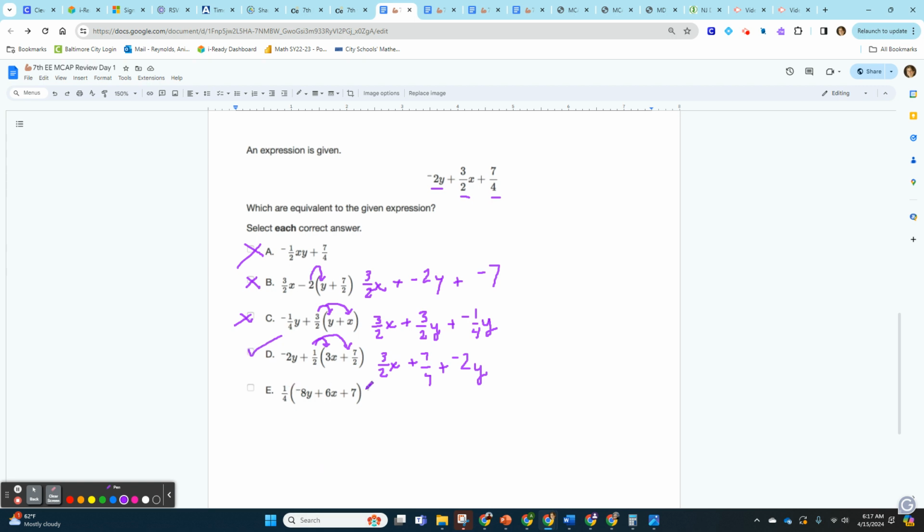Last one, we're distributing the quarter the whole way through. So -8 divided by 4 is -2y. 6 divided by 4 simplifies to 3/2 x. And 1/4 times 7 is 7/4. So it matches.